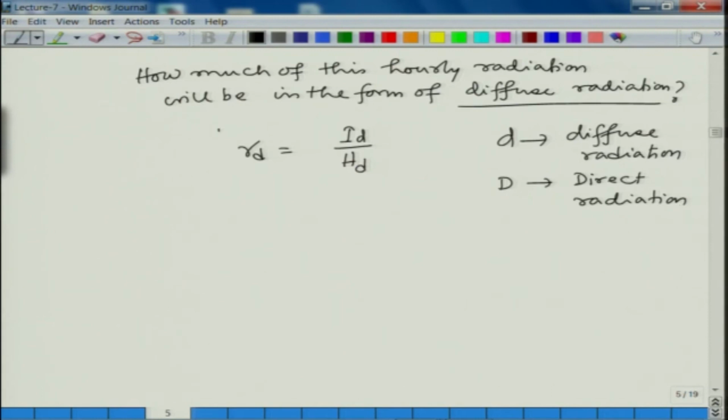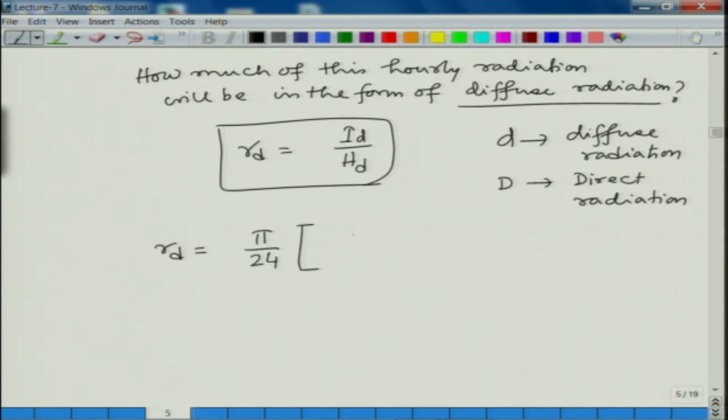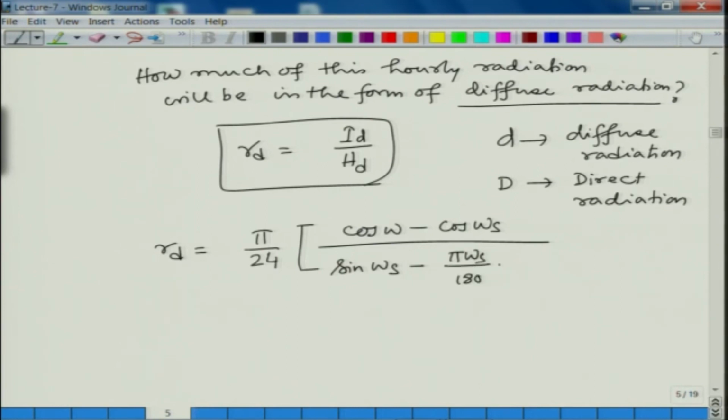So, of course, the RD, or the ratio between the hourly and daily diffuse radiation on a horizontal plane, will be ID over HD. Okay. And we get this RD through this particular formula.